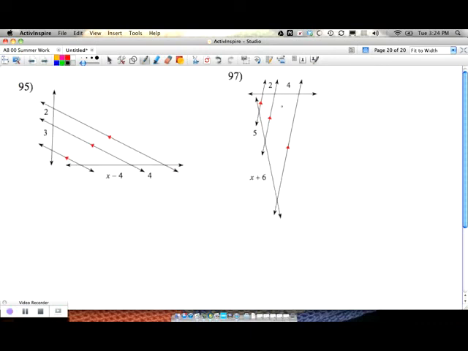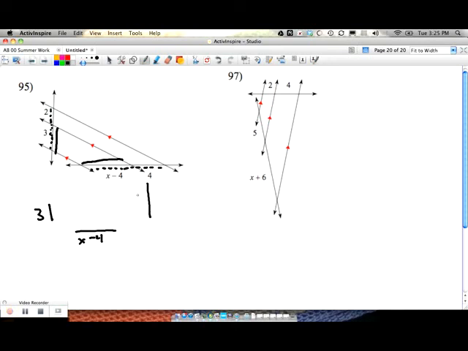Last slide. I've done some like this, but let's just keep in mind what we're really comparing. We're comparing this solid line here to the dotted line, the whole thing. All right, so let's compare. We got 3 for the solid line, and x minus 4 for this solid line.